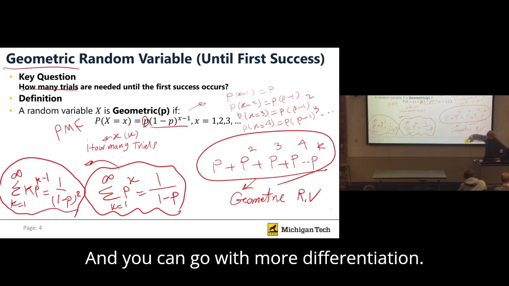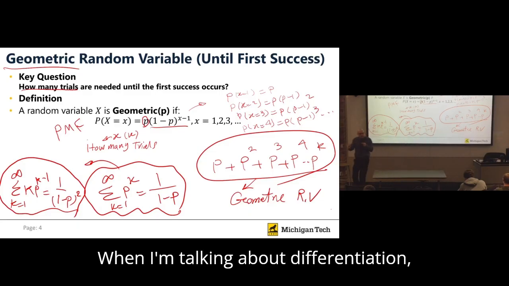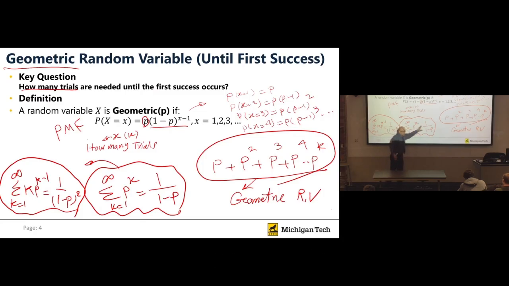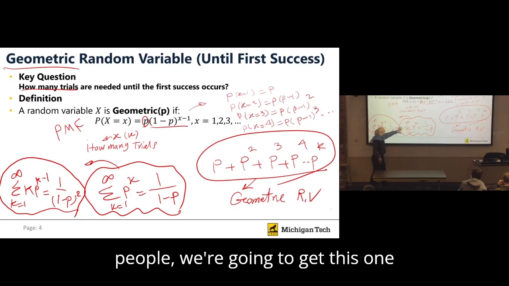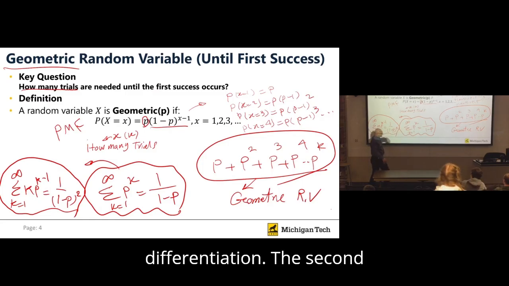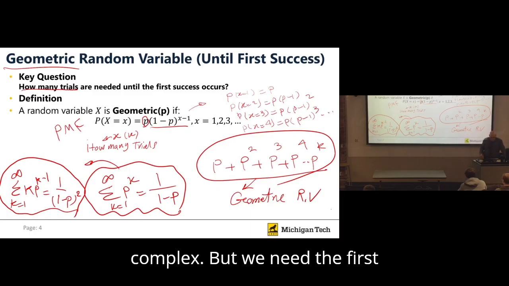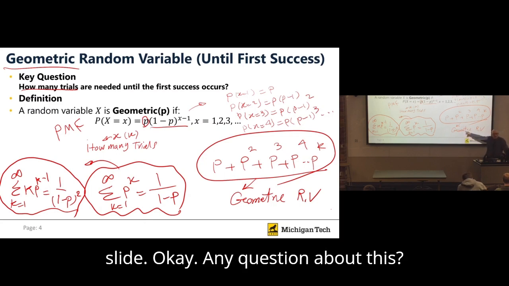And you can go with more differentiation. When I'm talking about differentiation, it means I differentiate this side and this side with respect to p. With respect to p, we get this first differentiation. The second differentiation is going to be more complex, but we need the first differentiation later in the next slide. Okay. Any question about this?